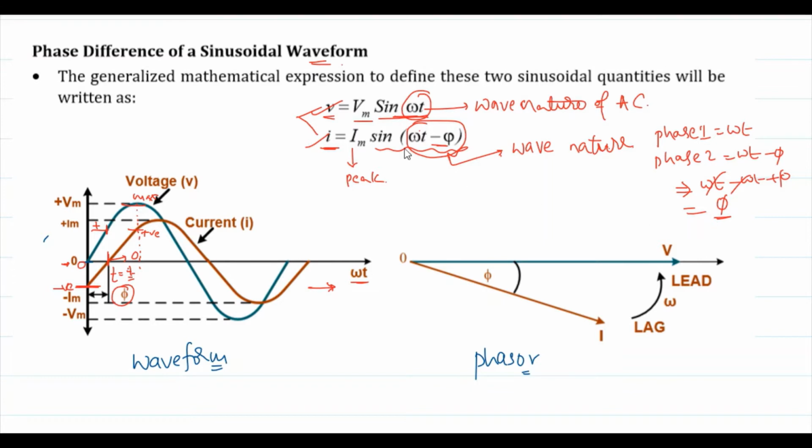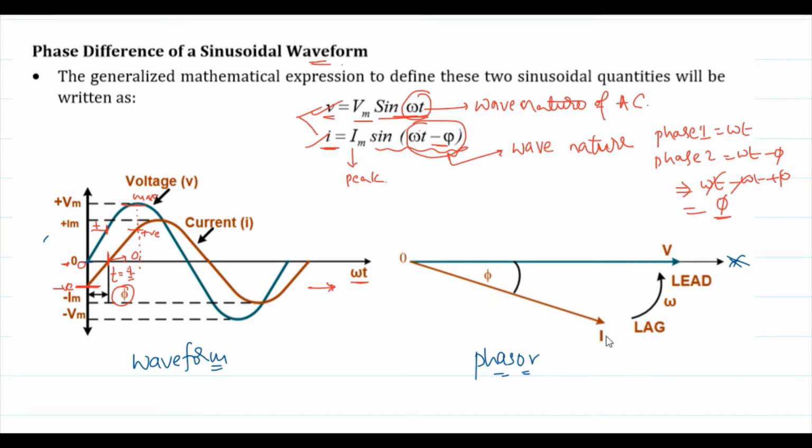That is represented in the phasor diagram like this. Consider the x-axis as the reference axis for the phase omega t. Since the current phase is omega t minus phi, it is drawn at an angle phi below the x-axis.